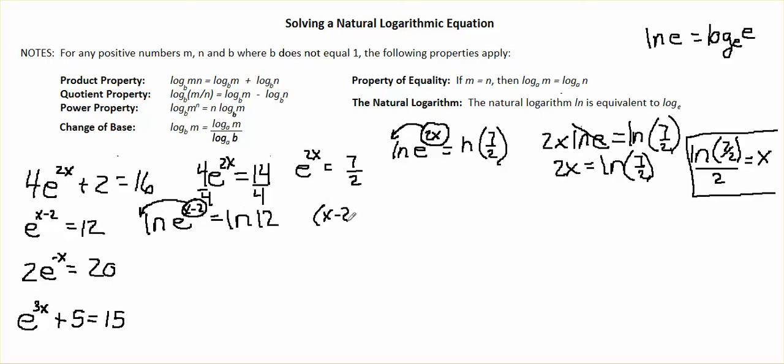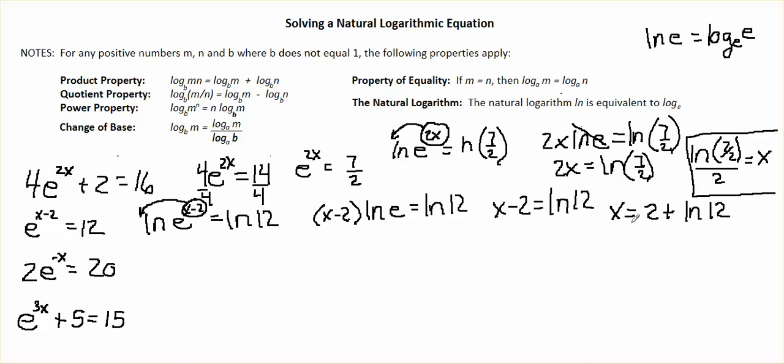And because it's a binomial, we need to put that in parentheses. (x minus 2) times the natural log of e equals the natural log of 12. Again, the natural log of e is log base e of e, and we can simplify that because e to the first power is e, so the natural log of e is just 1. So we get x minus 2 equals the natural log of 12. In order to solve, all we have to do is add 2 to both sides, so we get 2 plus the natural log of 12, and that is our final answer.